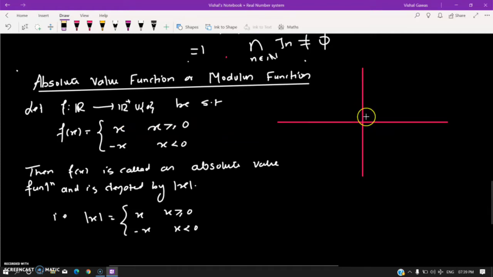Whenever it's positive, it's the identity function, so the line would be like this on the positive half side. And whenever it is negative, it's the negative of that number, so it would go this way, something like this.